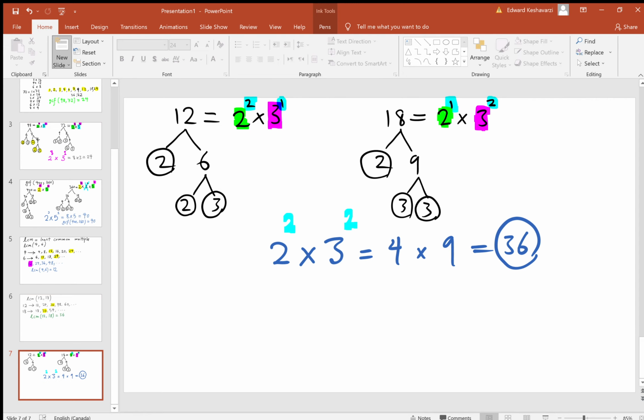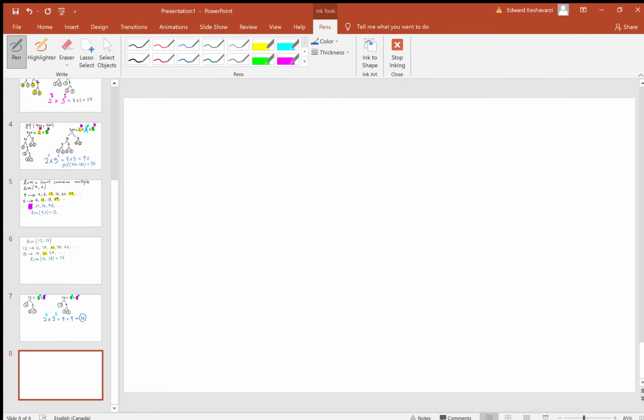Let's have another example. I'm going to find out what the LCM of 520 and 420 looks like.